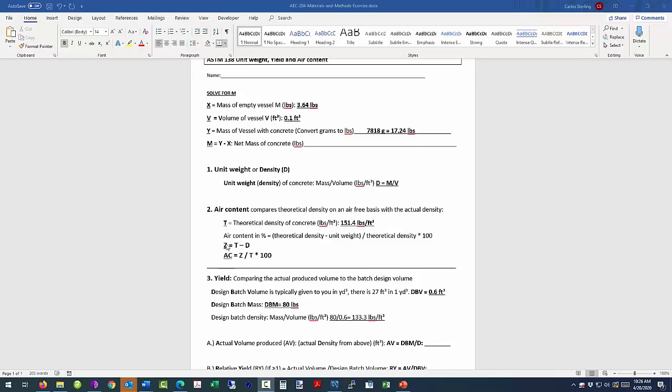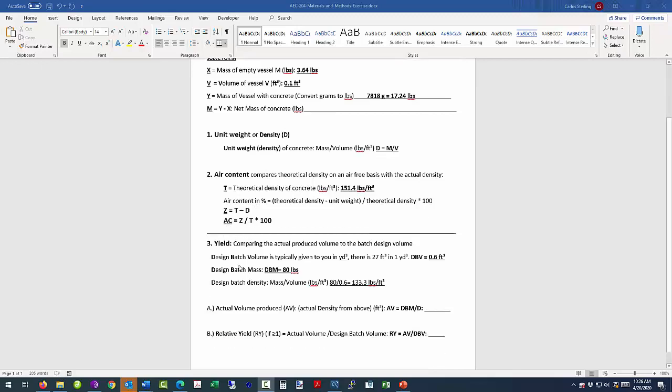First solve for C, which is theoretical density minus density. That gives you Z. Then you do Z divided by theoretical density times 100, and that gives you your air content.